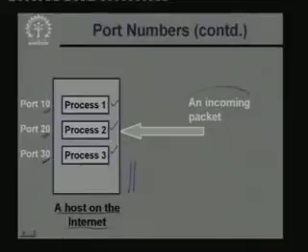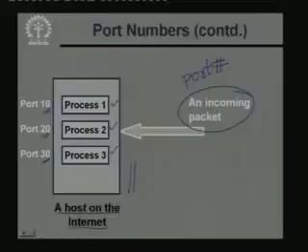When an incoming packet comes to this host, it must also carry the port number along with it. If it carries a port number of 20, then the packet will automatically be delivered to process 2. If it carries port number 30, it will be delivered to process 3 and so on. So, this simple illustration will help you understand the need for having these port numbers.